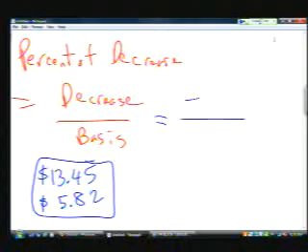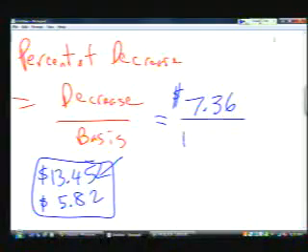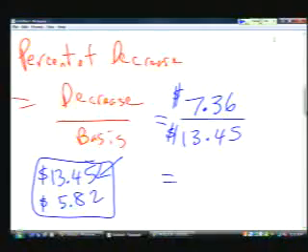$7.36. $7.36 was the decrease. The basis is what we started at. We started at $13.45. Now on your handy-dandy calculator, you know that that's over 50%, isn't it? So what did you get when you took 7.36 divided by 13.45?